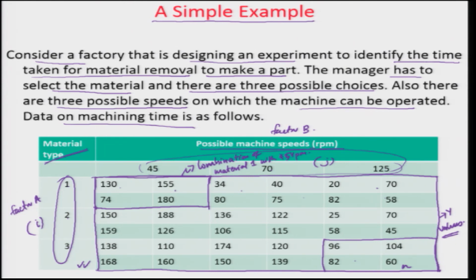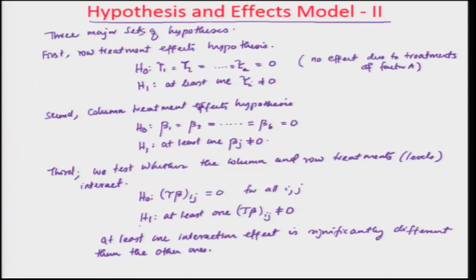And third, whether any of these interactions influence it. So this is for factor A, this is for factor B, this is for the interaction. We have these three hypotheses that we would be interested in studying and modeling.